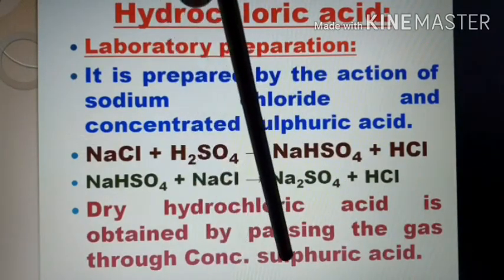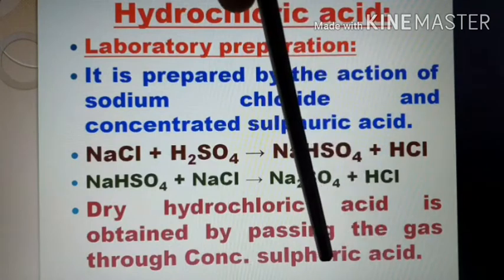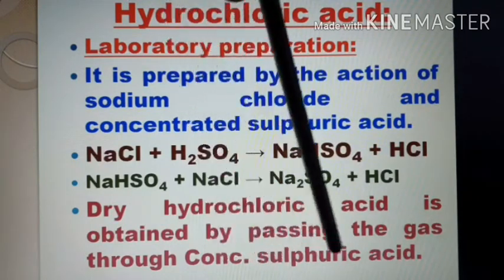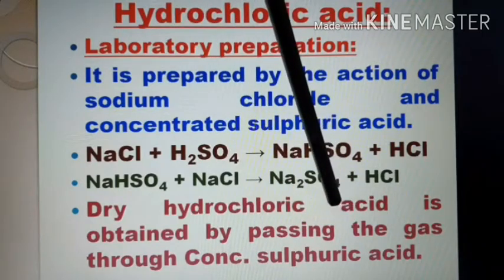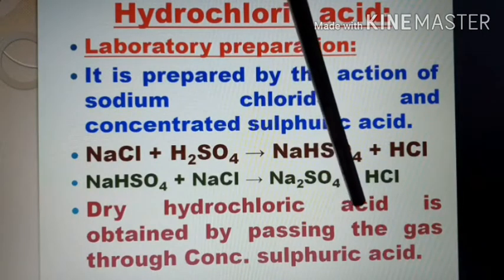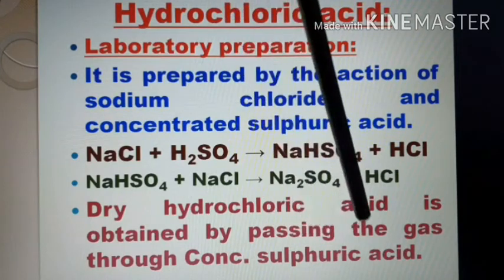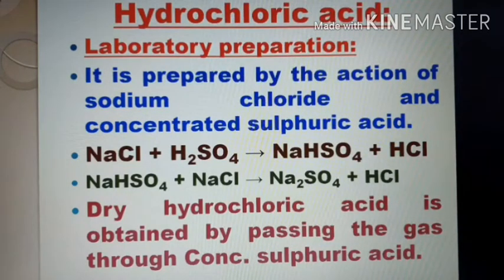We know concentrated sulfuric acid is a dehydrating agent, used to remove water molecules. If the gaseous hydrochloric acid contains moisture and is passed through concentrated sulfuric acid, all the moisture is removed and dry hydrochloric acid is obtained. Now we are going to see how this reaction actually takes place. After that, we will discuss the physical properties of hydrochloric acid.